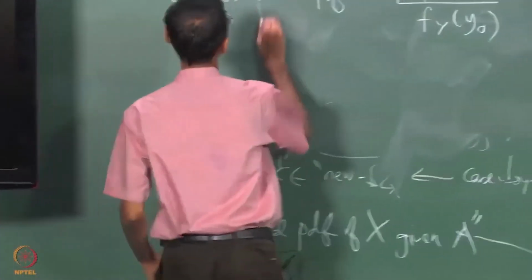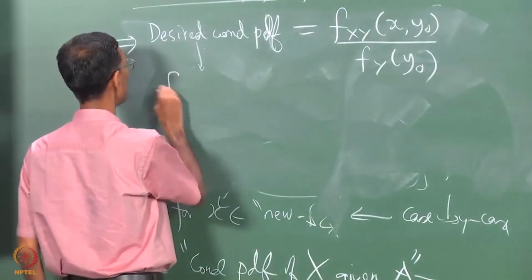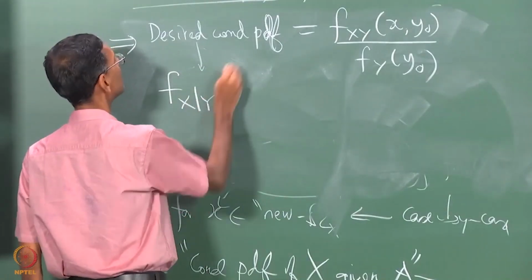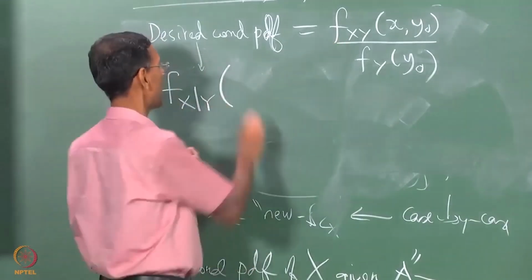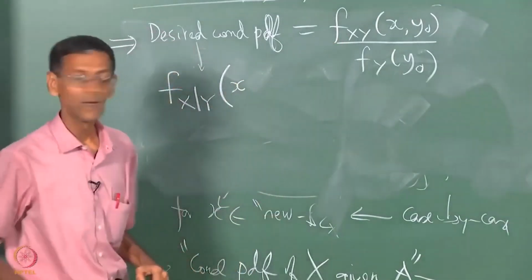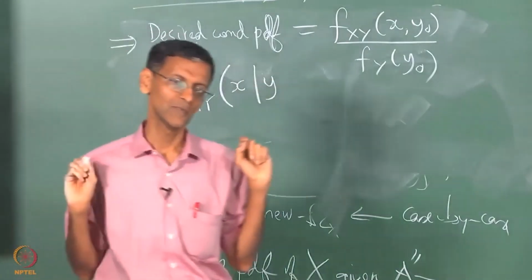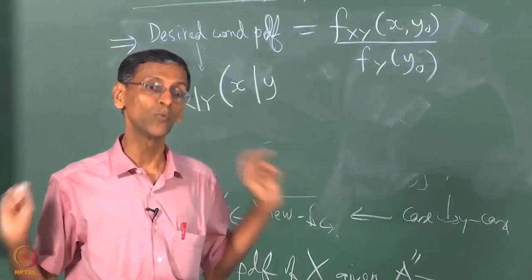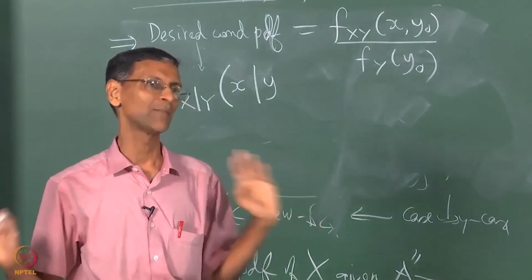So notation here, how do we write this? We are going to write this as small f x given y, and we are evaluating the PDF at x, so x is the argument, given with the vertical line. Please, all givens are vertical lines. I have seen some horizontal lines in the quiz. This is the last time I am going to tell you.